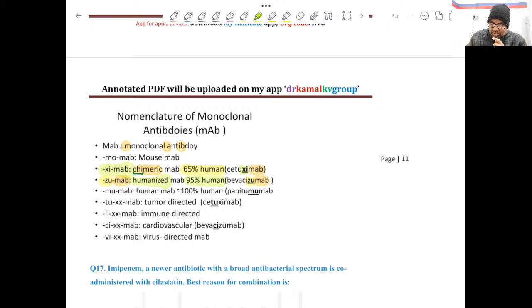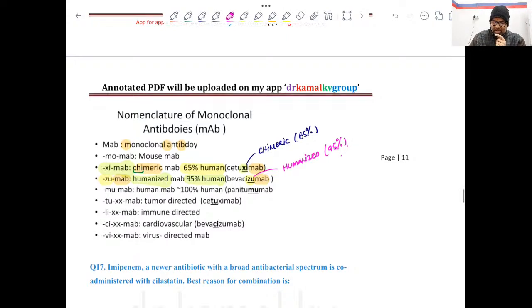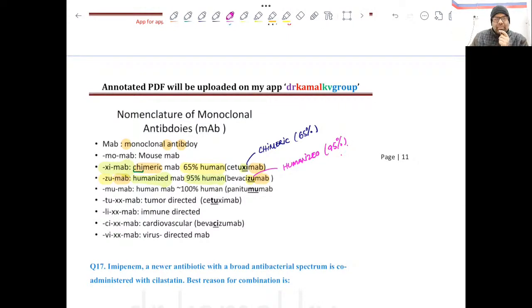So CI means chimeric with only 65% human content, and if you have zu, that is humanized, with a 95% human component. Clear? So this is CI-MAB, ZU-MAB.